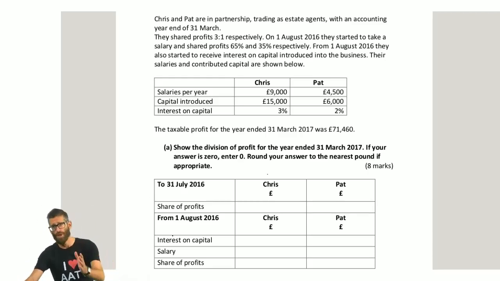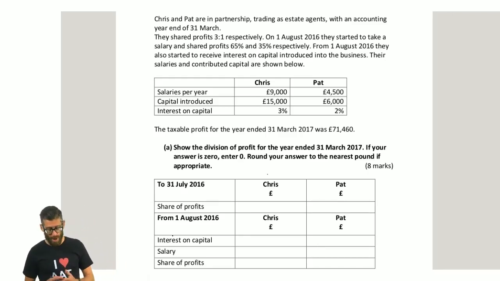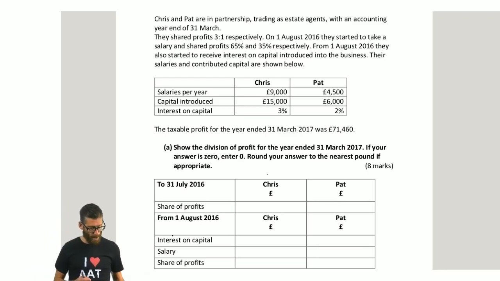So it's up to you to ensure that you prorata the profits primarily to the periods before and then the period after the change. And from there, you will allocate, as you have been told, putting the numbers into the box accordingly. Now, let's just talk you through this question.